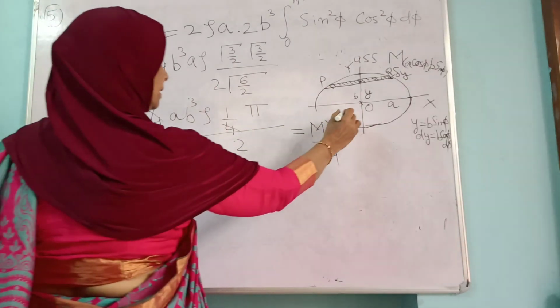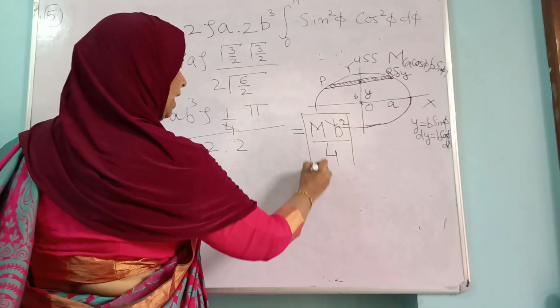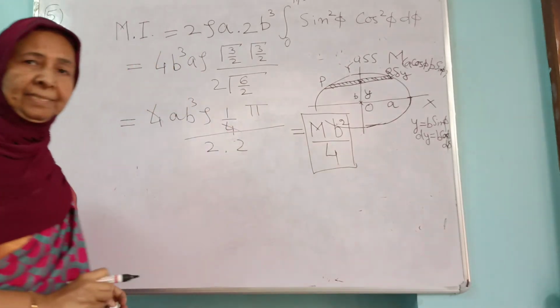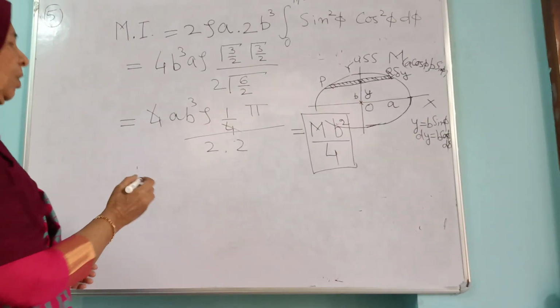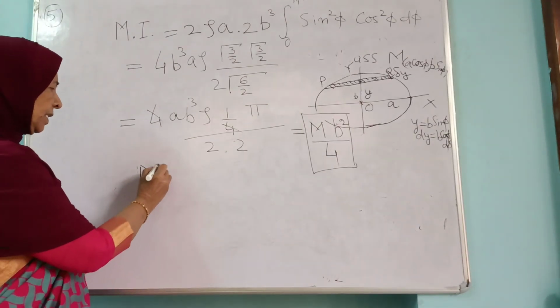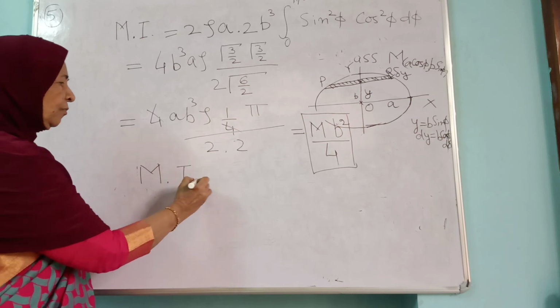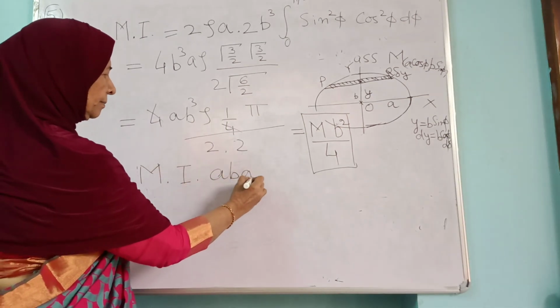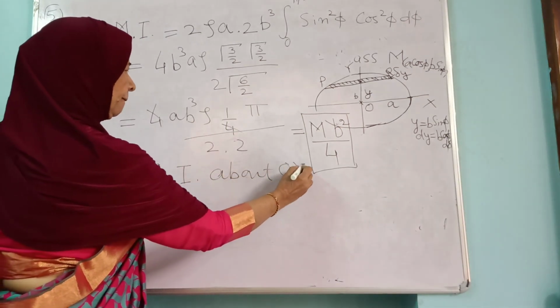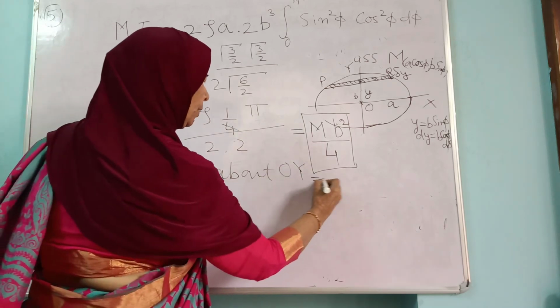So this is the moment of inertia about the x-axis. Similarly, we can get the moment of inertia about the y-axis. It will be m a square by 4.